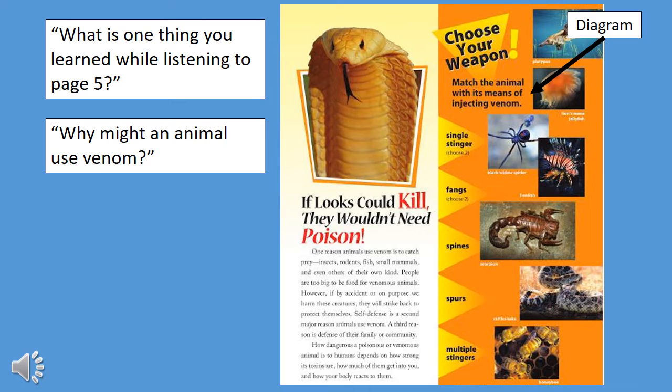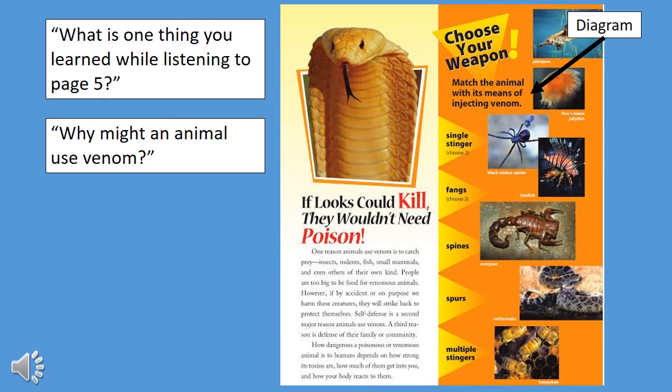If looks could kill, they wouldn't need poison. One reason animals use venom is to catch prey: insects, rodents, fish, small mammals, and even others of their own kind. People are too big to be food for venomous animals. However, if by accident or on purpose we harm these creatures, they will strike back to protect themselves.